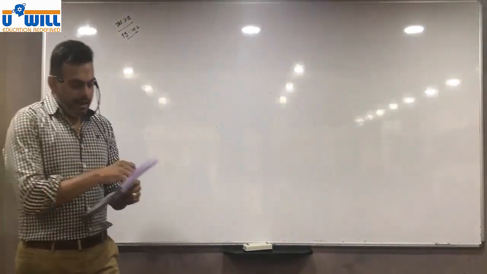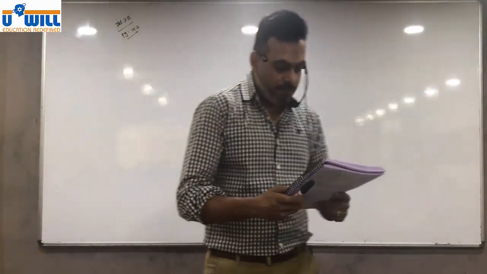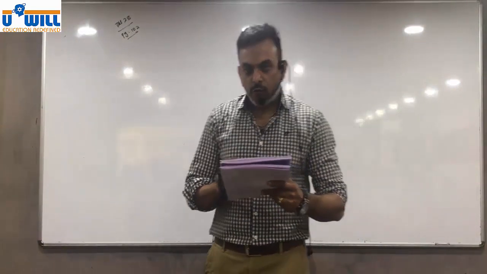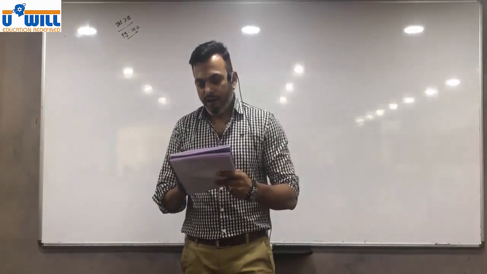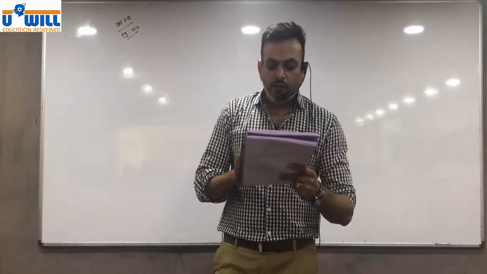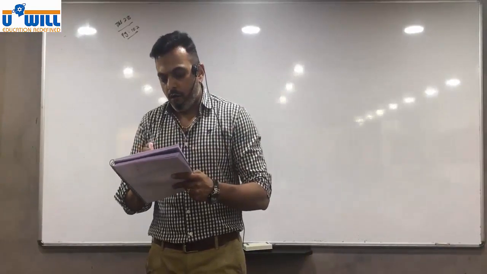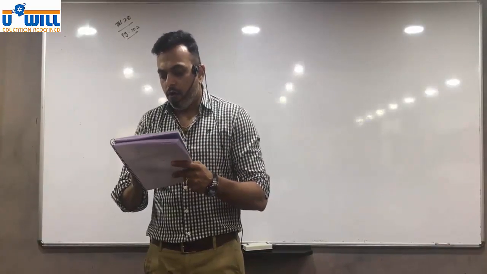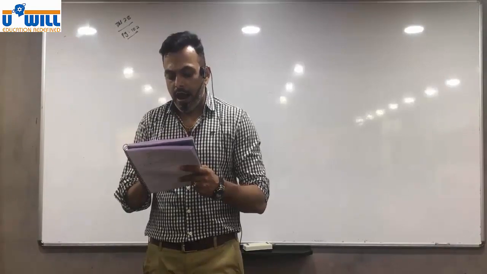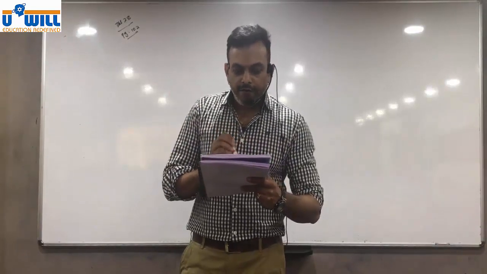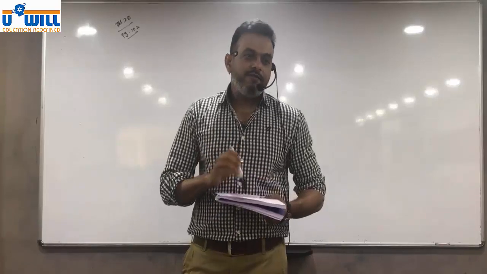Now sigma x is 133, sigma y is 220, sigma x square 2344, sigma y square 6500 and sigma xy is equal to 3500. Later on, it was found that one of the pair of observation of x and y was taken as 13 and 20 instead of 15 and 25.